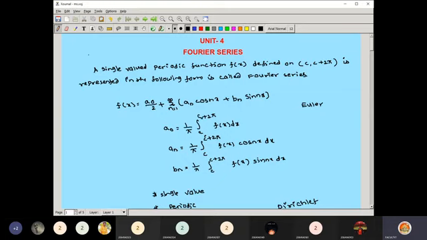where a naught, an and bn are called Fourier coefficients.